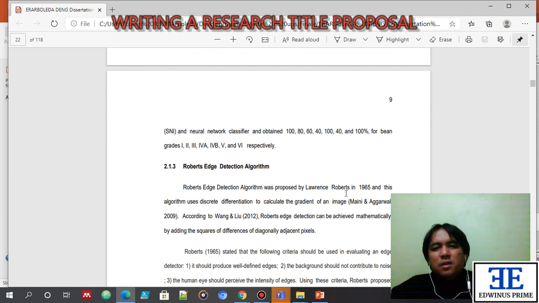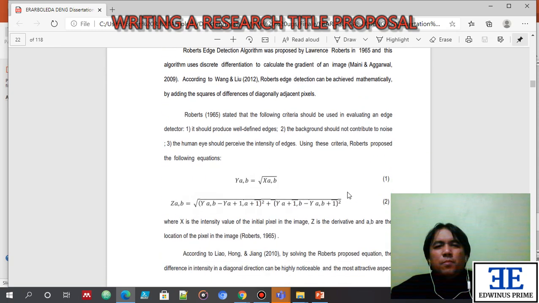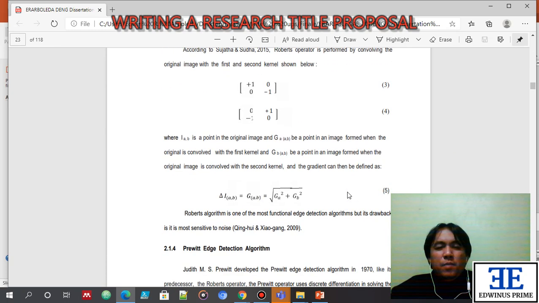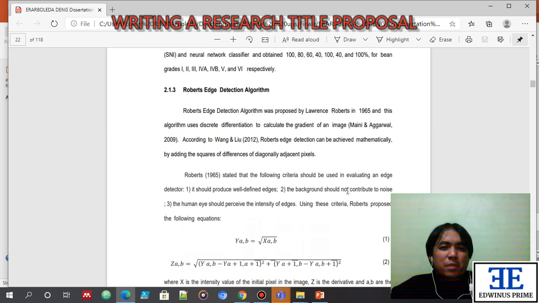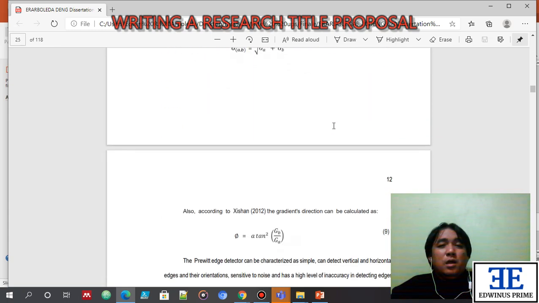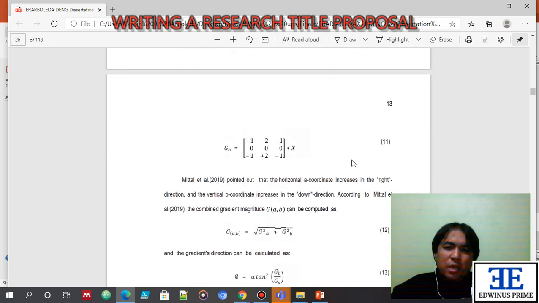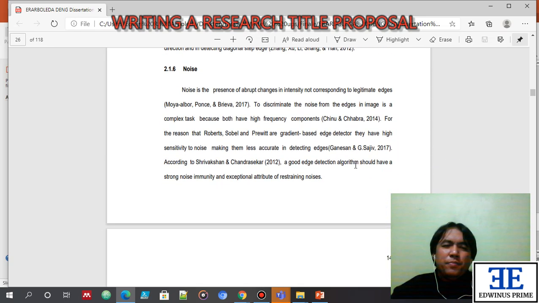I discussed the previous algorithms that I want to surpass, or previous algorithms that still have a problem: the Roberts, the Prewitt, and the Sobel. So I discussed that in my review of related literature.